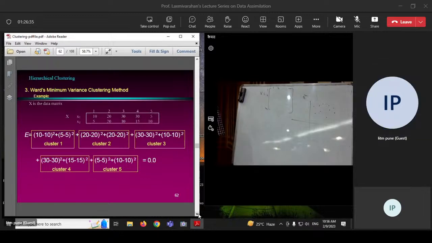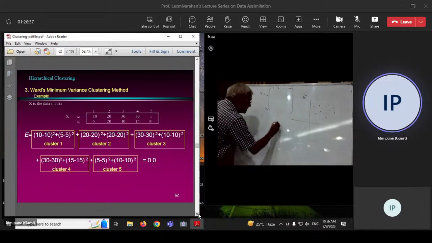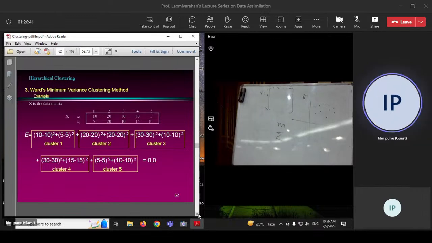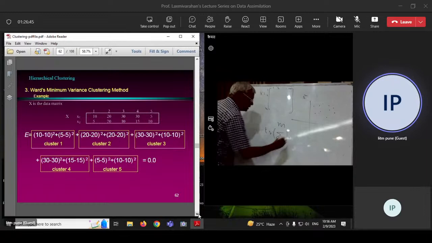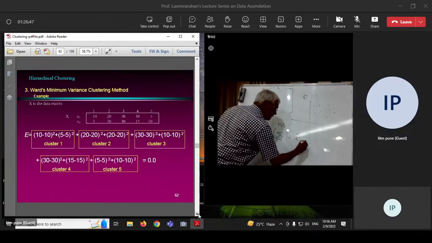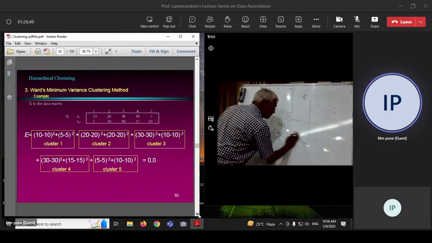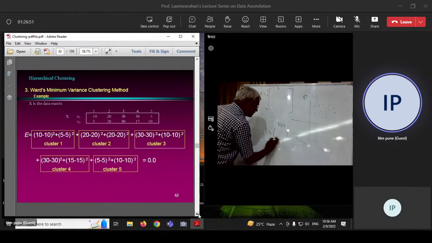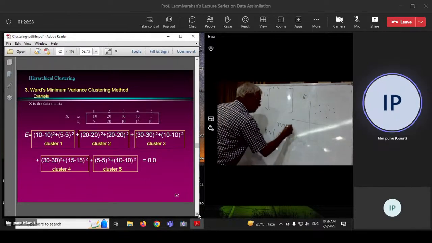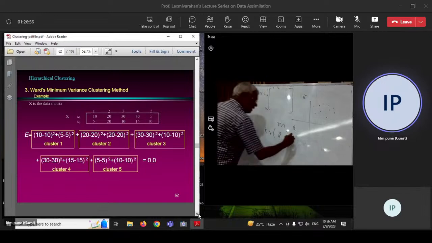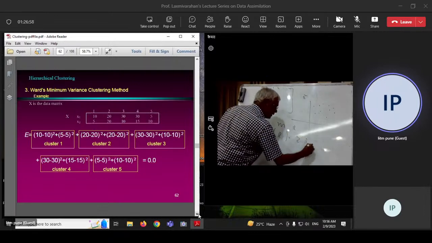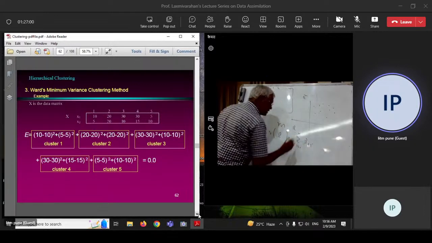So I can compute the mean, I can compute the covariance matrix, and the trace of the covariance matrix is equal to the sum. So let me call the covariance matrix sigma R. The trace of R is equal to the summation of R_ii, i equals 1 to n.